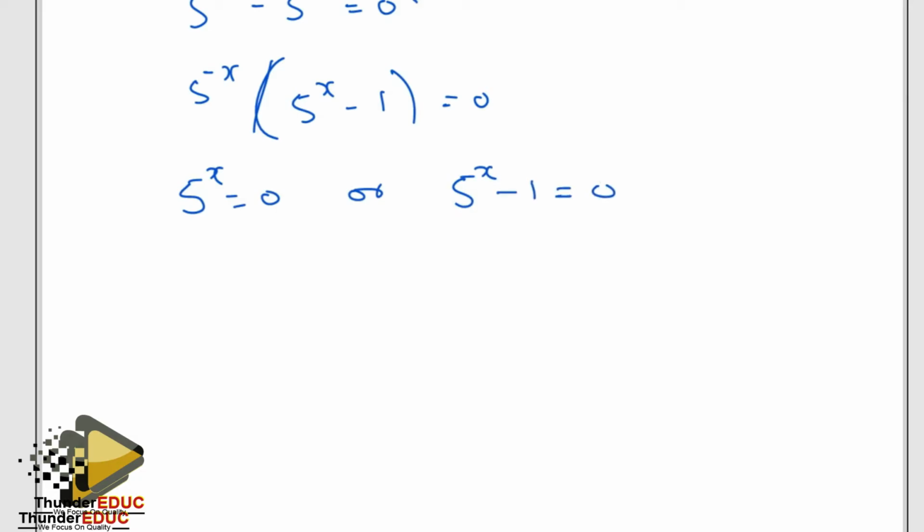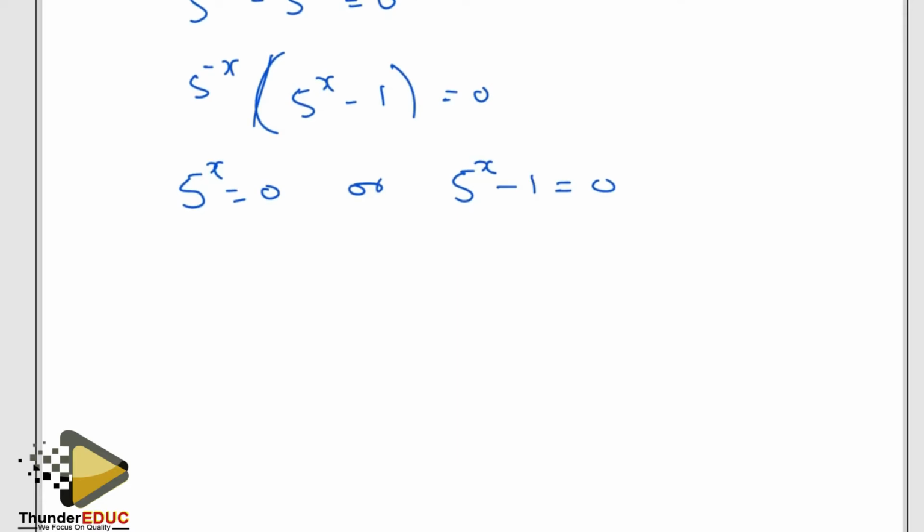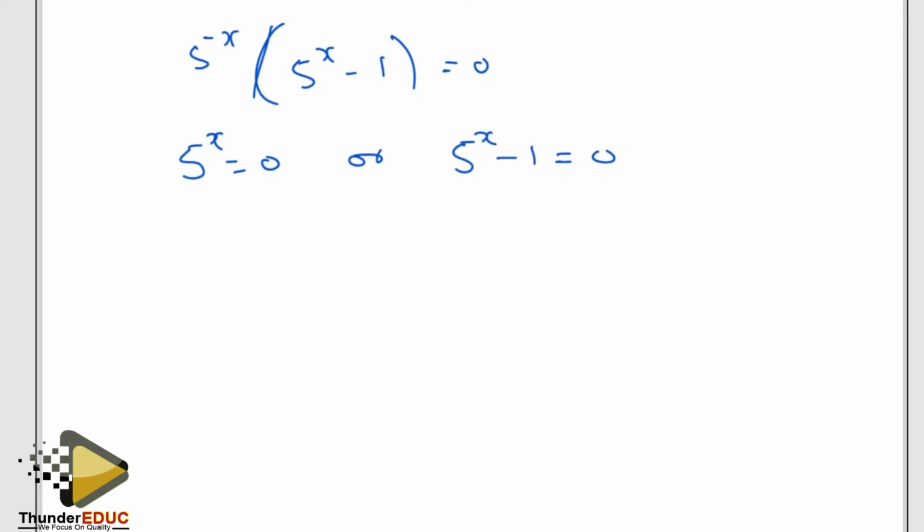But under exponents, there is not a thing whereby you raise a number to a certain exponent and you end up with a 0. So this doesn't exist. So no solutions for the first part. And then with the second option, we can move the one that side, so that 5 to the x is a 1.